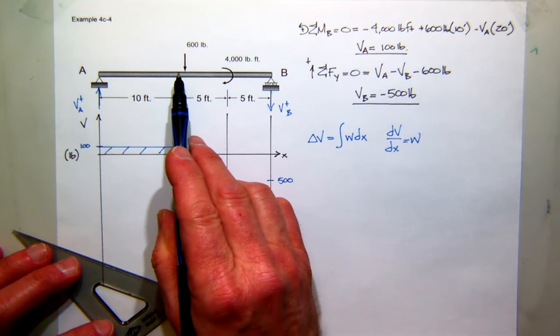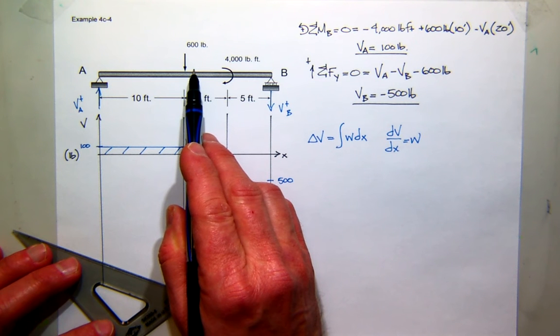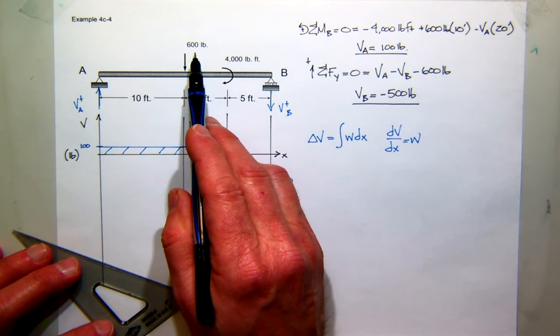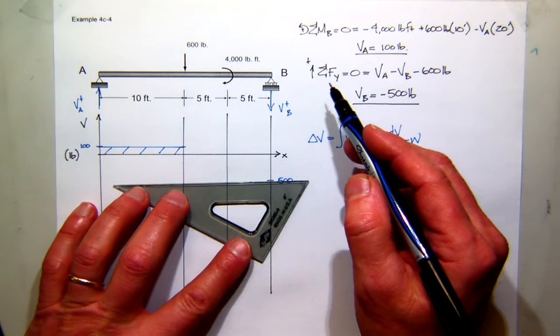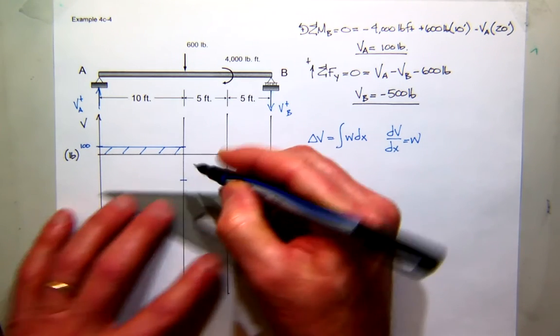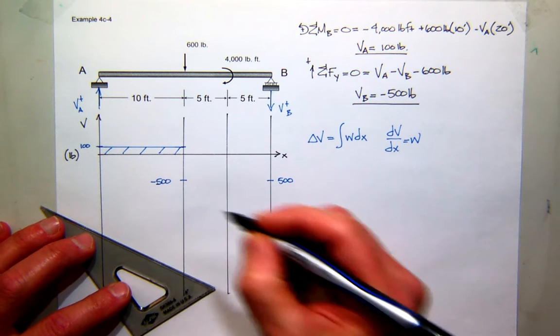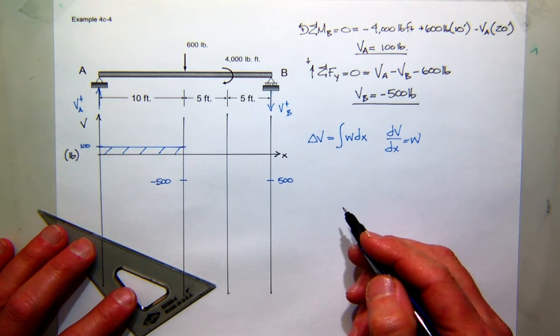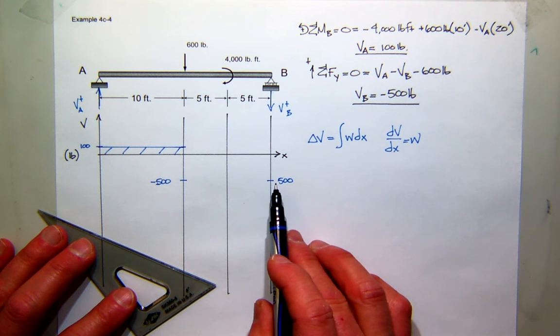Now, as I go from the left side to the right side and pass under that 600-pound force, what happens to my shear? It changes by 600 pounds, and it's negative. So I should hit minus 500. Now, let's look at the last 10 feet.